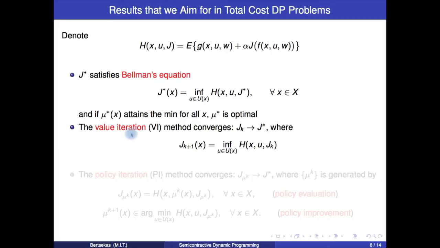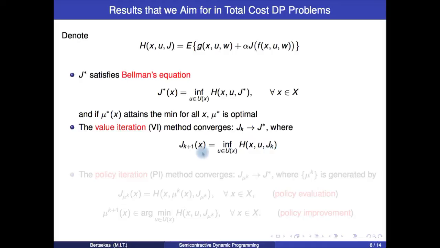Regarding algorithms, an important method is value iteration, which starts from some initial function J0 and generates a sequence of functions Jk, which we hope and expect to converge to J star. So given J0, we obtain J1 by applying the Bellman equation mapping to J0, the dynamic programming mapping.